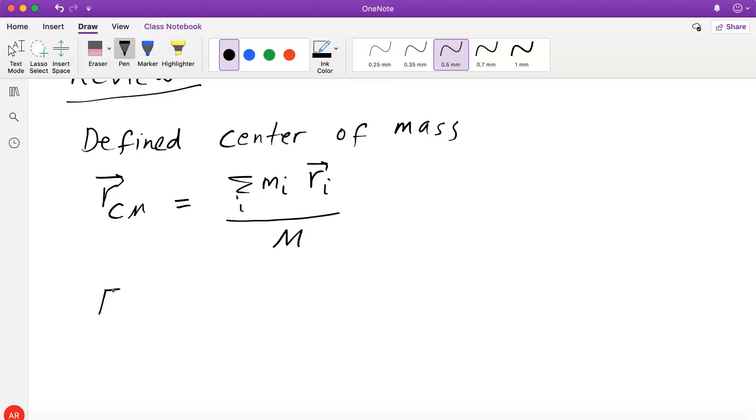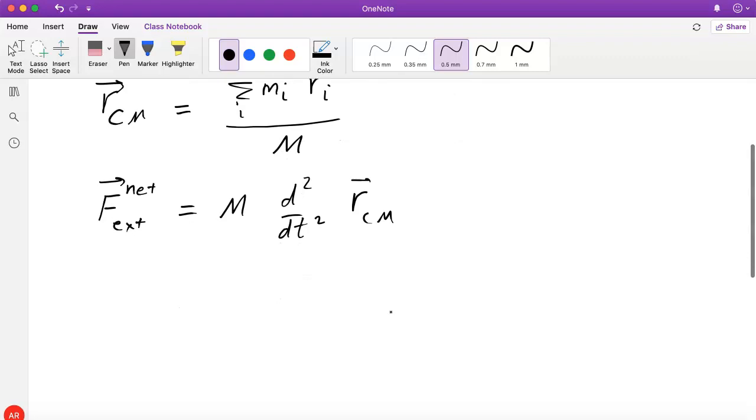So if we add all the external forces acting on a collection of particles, it can be a rigid body that we think of as a collection of a whole bunch of tiny little pieces, this is given by the total mass times the second derivative with respect to time of the position of the center of mass of this object or the collection of particles.